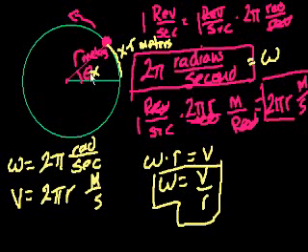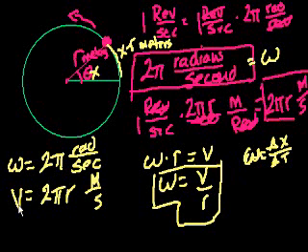But as you can see, if this angle is x and this distance is x times r, and if omega is change in that angle over change in time, that's omega, then we know this is true too. That velocity is just change in this over change in time, right?